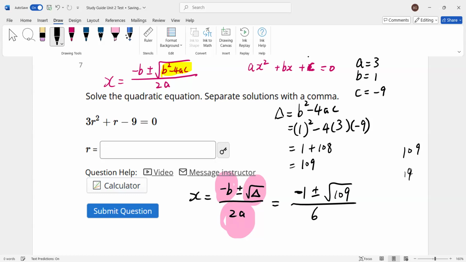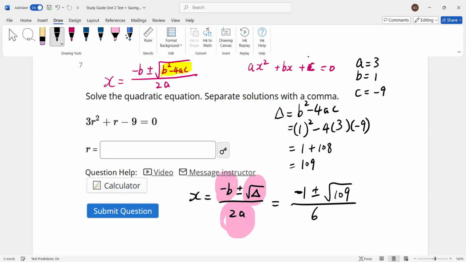I think 109 is prime. So the square root of 109 is just the square root of 109. It's already simplified. Look at the left ear, right ear, and head: they have no common factor, so this is already simplified.